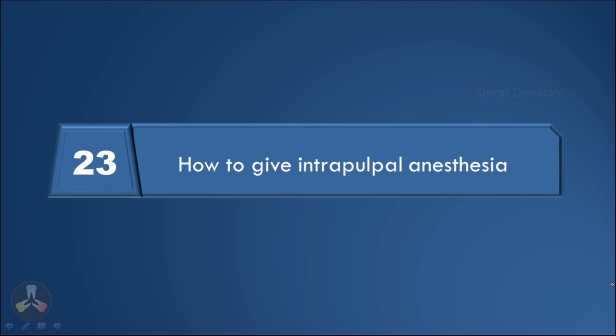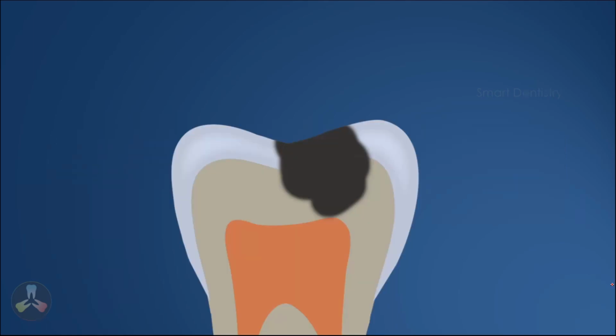In this clinical situation, it is very difficult to anesthetize the tooth, and the only anesthetic technique which could be used successfully in this scenario is intrapulpal anesthesia. Let's consider this as a tooth, a mandibular first molar.